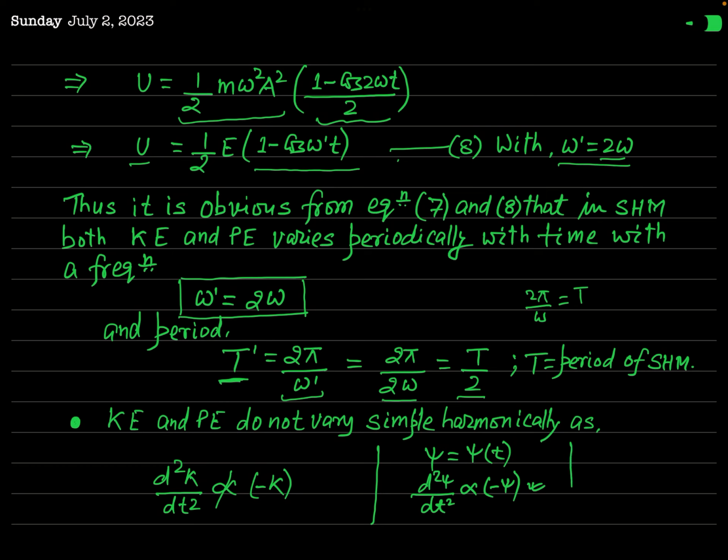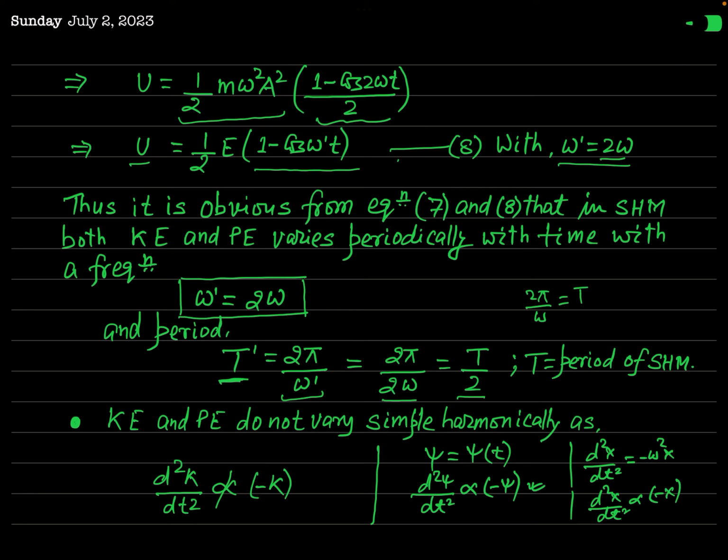As you have seen in the equation of simple harmonic motion, d2x by dt square is equal to minus omega square x, where omega square is constant, and you simply say that d2x by dt square is proportional to minus x.